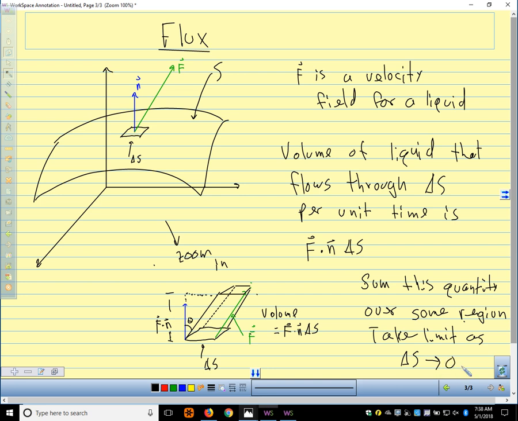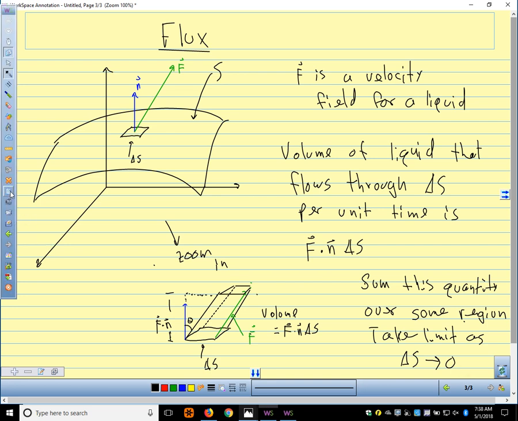So that sum then becomes an integral. We've made this argument in chapter 15 a bunch of times. We did it in chapter 14 quite a few times as well. So we sum that quantity, take the limit as delta S approaches 0, and this becomes the definition of our vector surface integral.